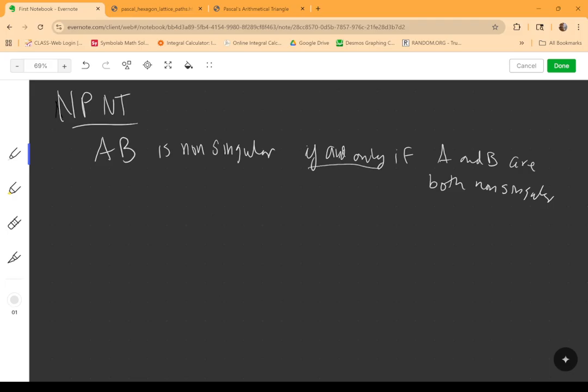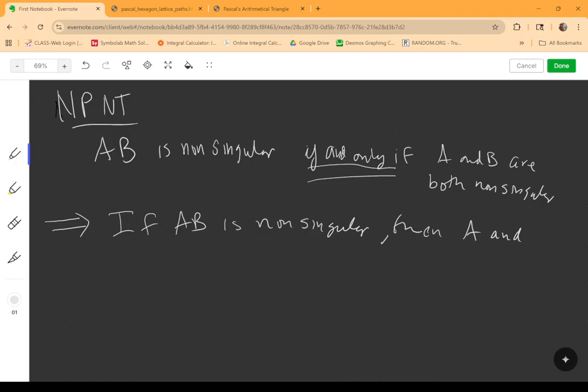So this equivalence statement, if and only if, means there are two parts to this proof. The first part we'll take to be: if AB is non-singular, then A and B are non-singular.